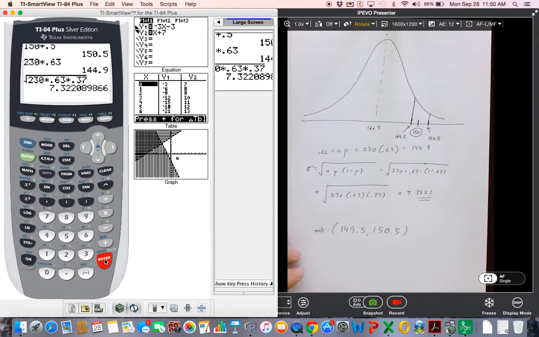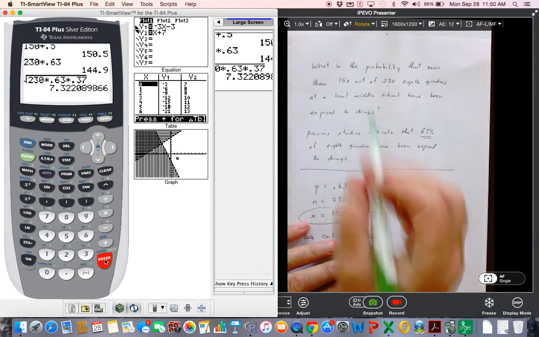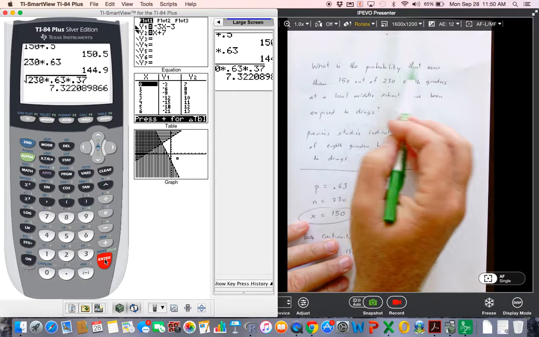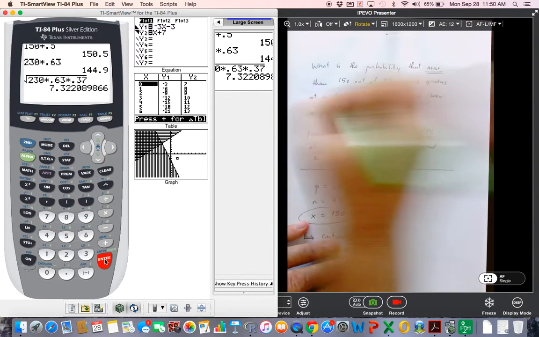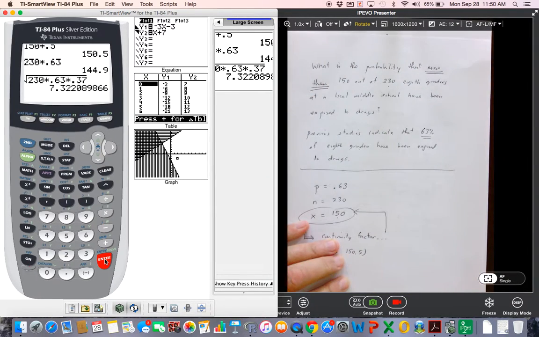Now, when I go back to the problem, what is the probability that more than 150 out of 230 8th graders?